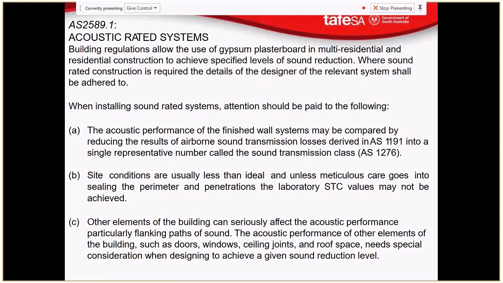Semi-detached dwellings are not going to be in the same sound transmission class as high-density dwellings, for example. Or a residential application is not going to be in the same sound transmission class as an office, for example.